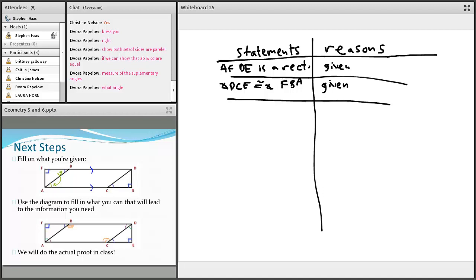Well, okay, you know what? Let me go through this, and I'll just establish this proof, and then we'll kind of go through how we do the proofs in general, and then later on we'll do one together. So first of all, we can establish that this angle and this angle are equal to each other.